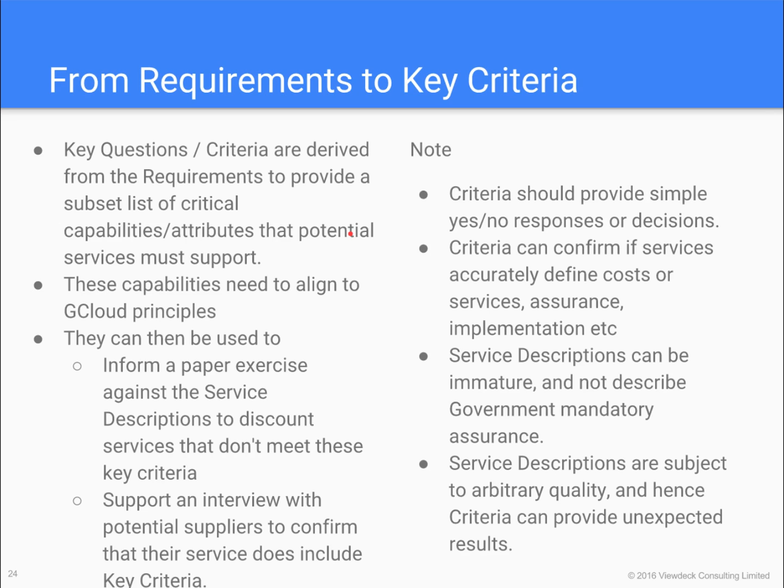Where service descriptions aren't 100% clear, or there's any doubt about the outcome you're looking to achieve, we can use those key criteria to drive the evaluation and then the clarification process, to come up with some evaluation of how closely that service fits the outcome you're trying to achieve.